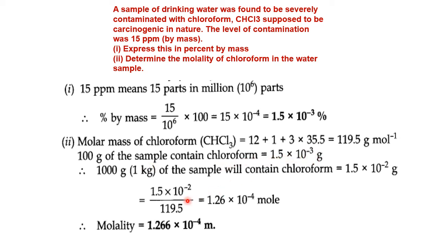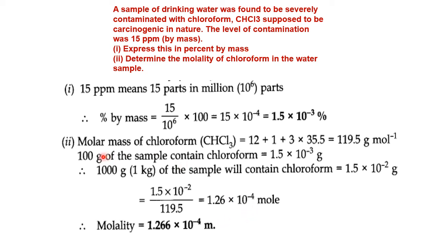Now, number of moles equals what? This is mass by the molar mass. So 1.5 into 10 to the power minus 3 by 119.5 is the number of moles. This is divided by the mass of solvent in kilograms.